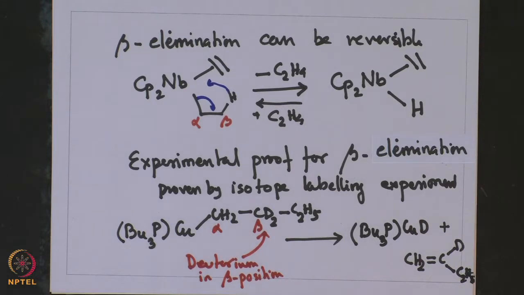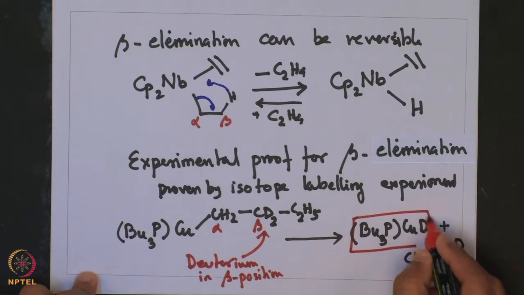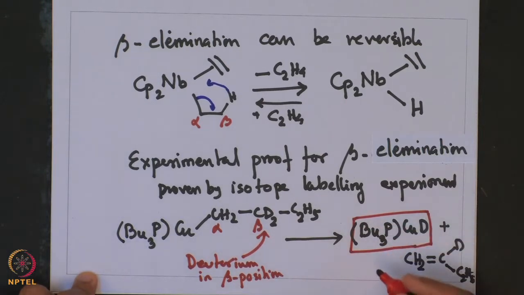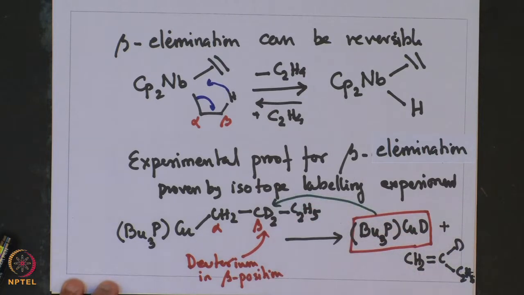So, this formation of copper deuteride convincingly proves that elimination occurred from the beta position.